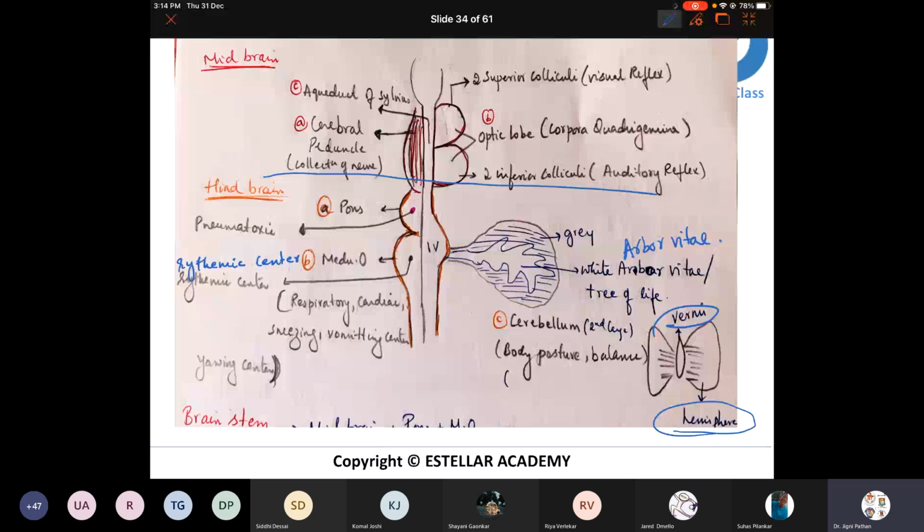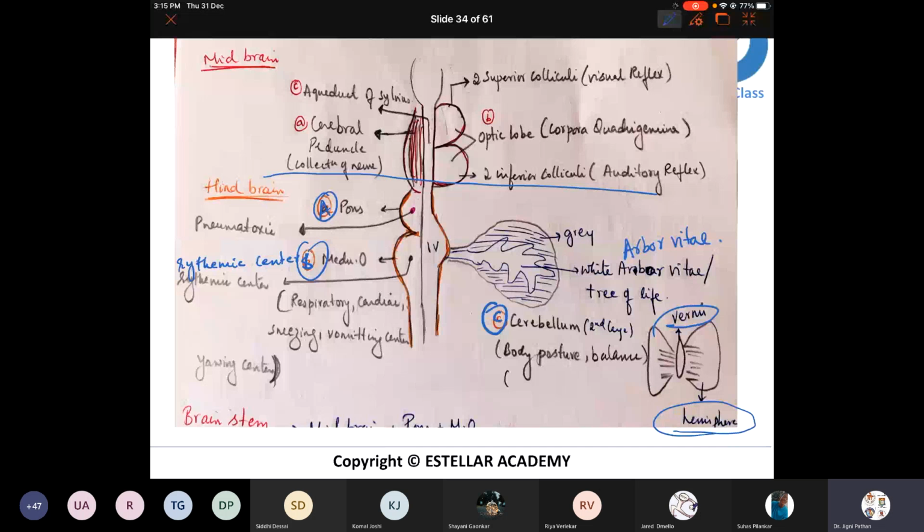Can we go to the next point? Now, hindbrain first consists of pons, then medulla oblongata, and third is cerebellum.